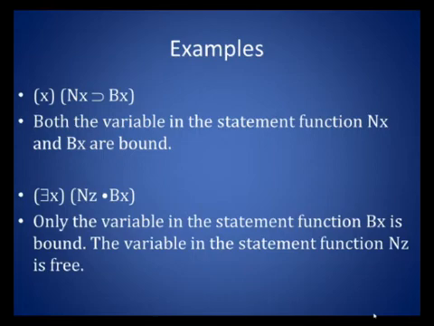The variable in the statement function nz is free because in my quantifier, the variable that is in use is an x. So that x governs everything to its immediate right that is an x. So it governs the bx, but it does not govern the nz. Hopefully a few more examples will make this more clear.